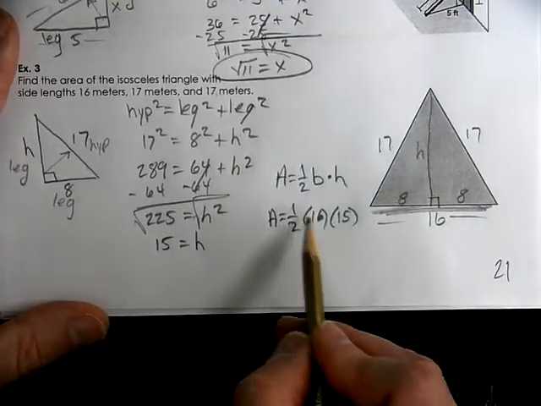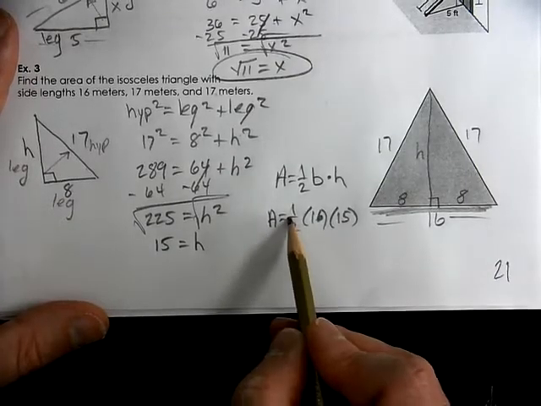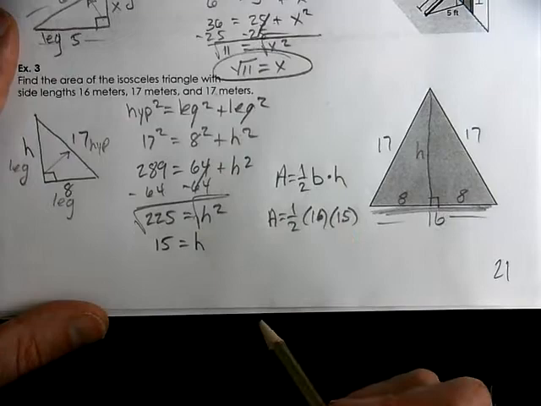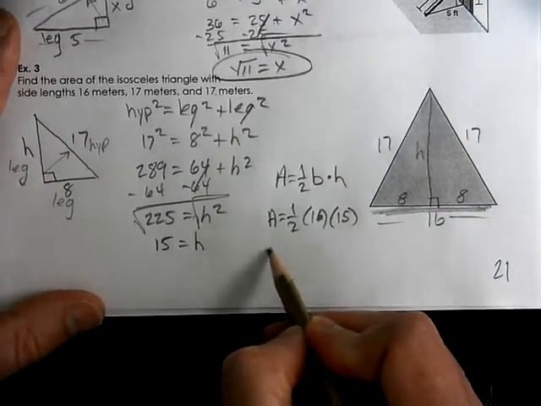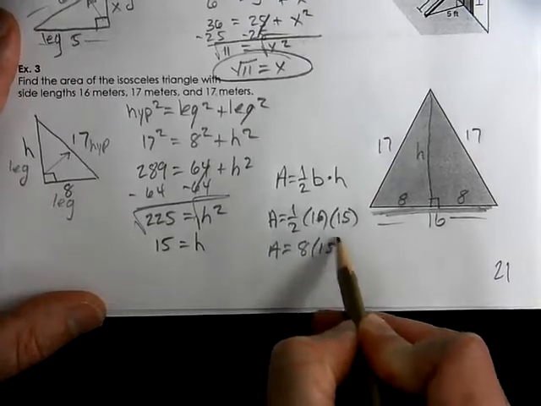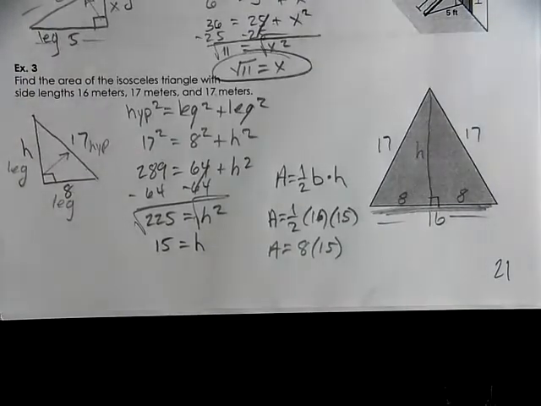So you can either take half of the 16, or you can take half of the 15, or you can multiply the two together. It might be easier for you to work with smaller numbers and take half of that 16. So I took half of it. Now I have 8 times 15.